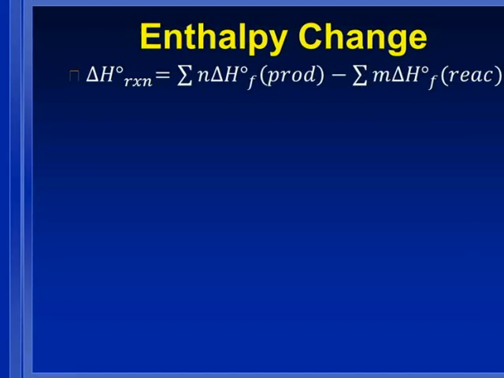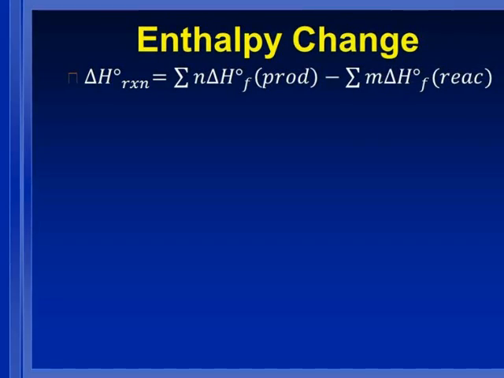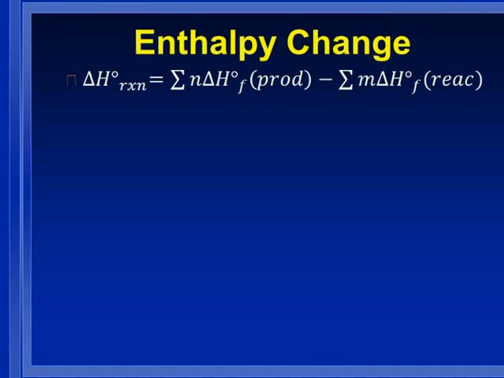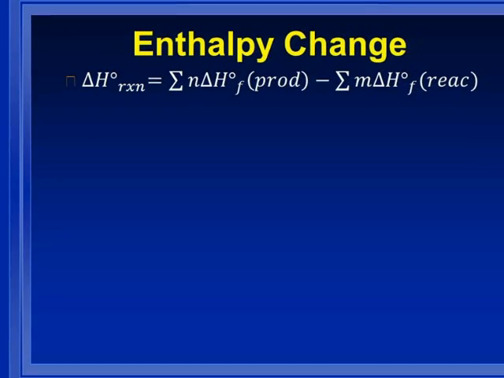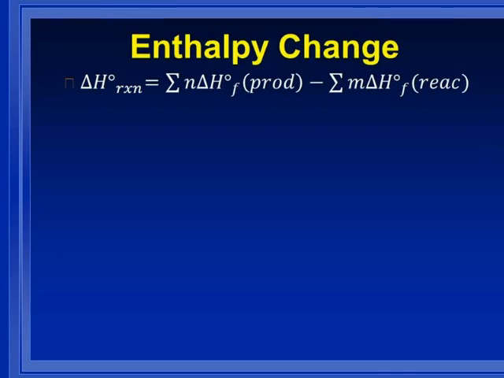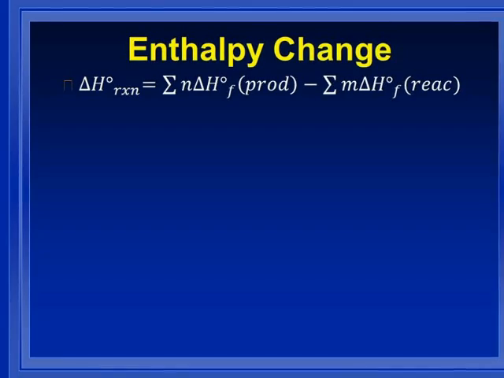So you take each product, find its delta H°f, multiply it by its coefficient, add all those up, minus the sum of the number of moles, m, times the standard enthalpy of formation, delta H°f, for each reactant, add those up, then take products minus reactants.